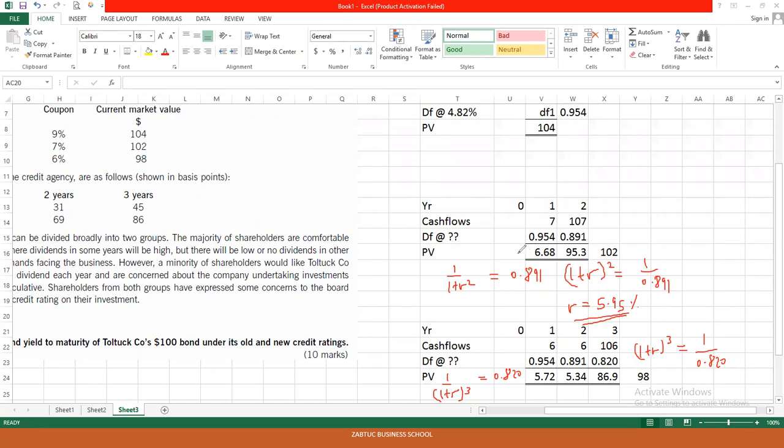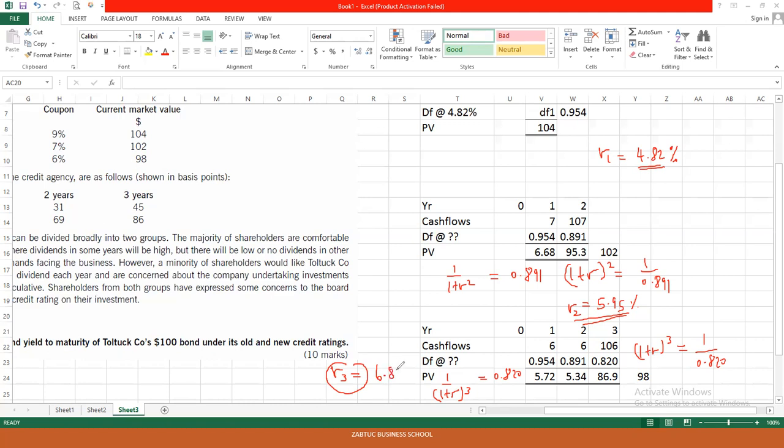The last one, what is the answer? The third one, what is the answer? 6.84.